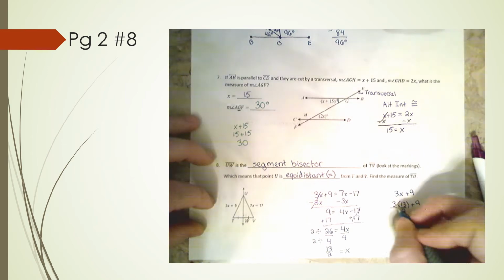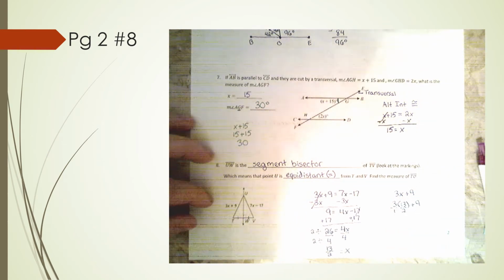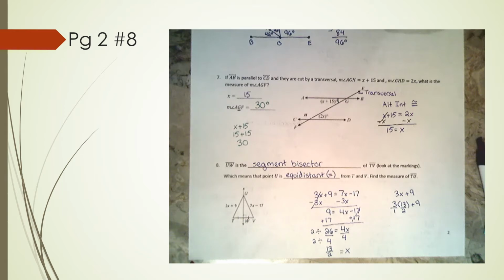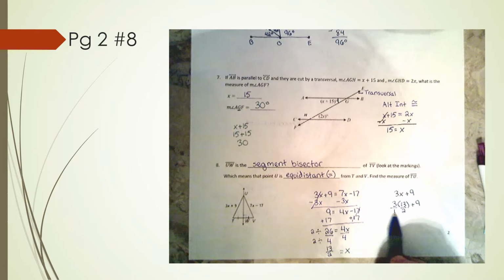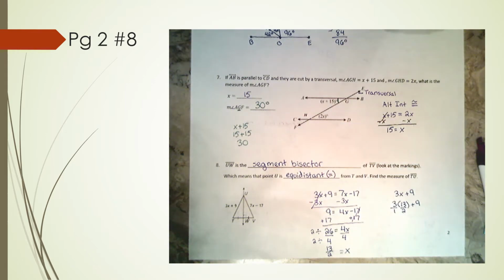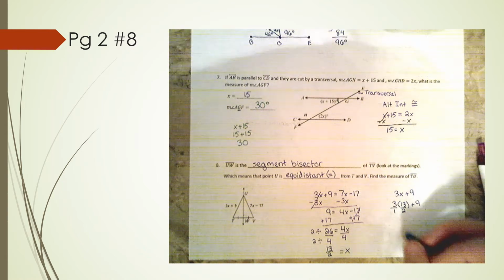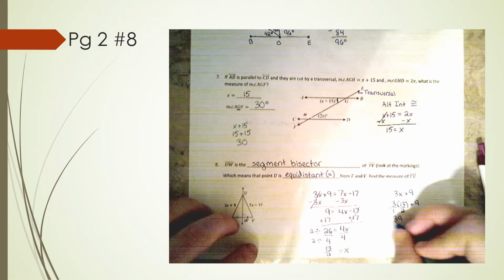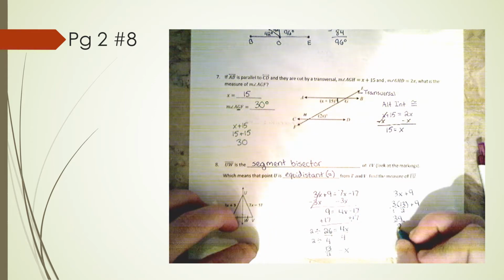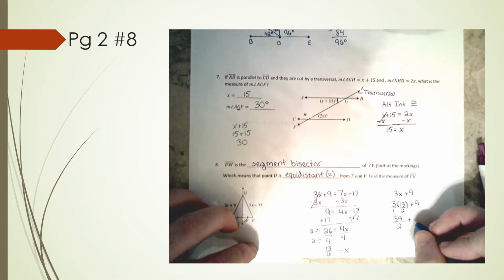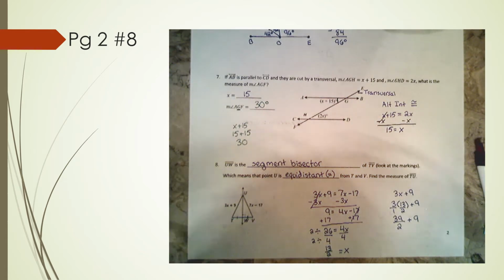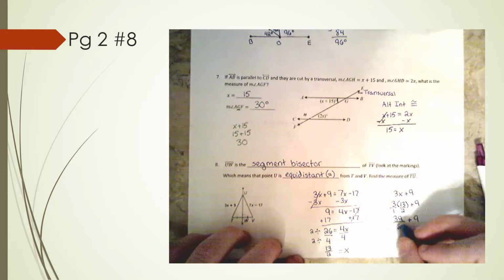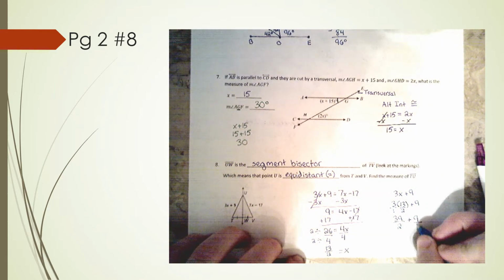When you multiply fractions, it doesn't matter if the denominators are different. So I'm going to do 3 times 13, so numerators multiplied together. That's going to get me 39. And then 1 times 2 is 2. So I have 39 over 2 plus 9. Now, I want to combine these. So what I'm going to do is put 9 over 1.